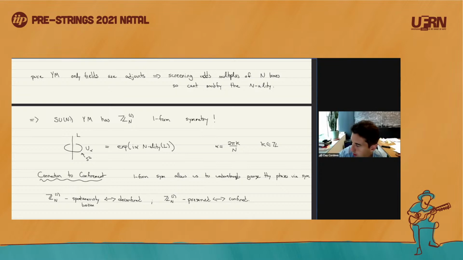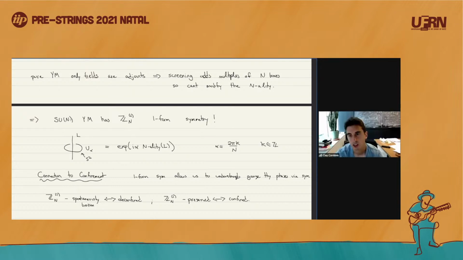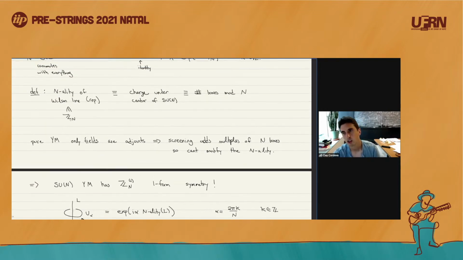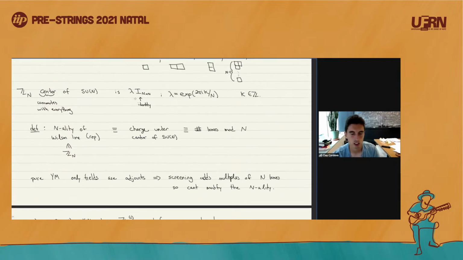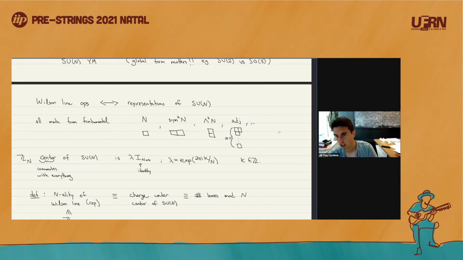Well, the question is really about the 't Hooft lines, if you like. What are the monopoles that you have? Just as we went through some group theory to discuss what the electric charges are, the Wilson lines, there's some corresponding group theory for magnetic charged objects.